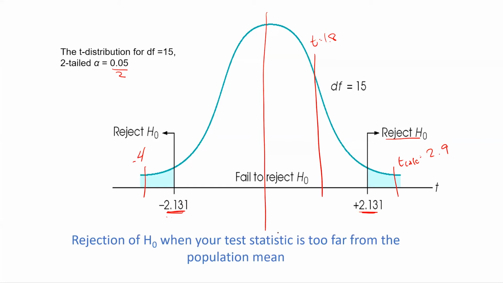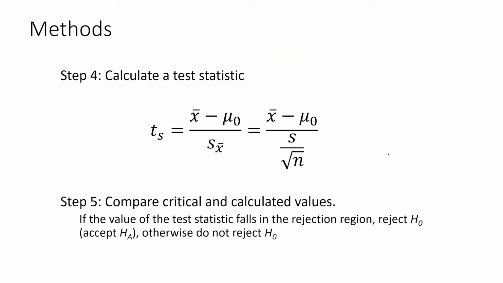So we reject our null hypothesis when our test statistic is too far from the population mean, and this distance is too big. Next, we want to calculate our test statistic. This equation should look pretty familiar.